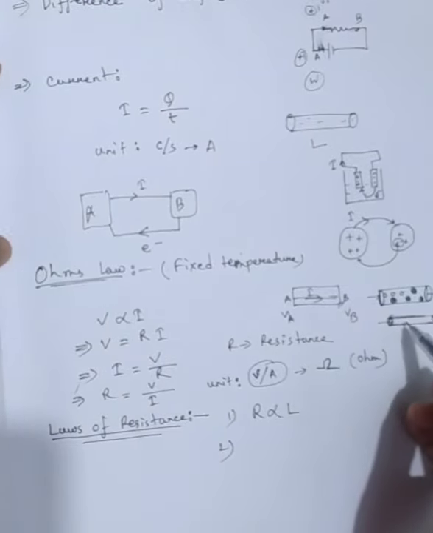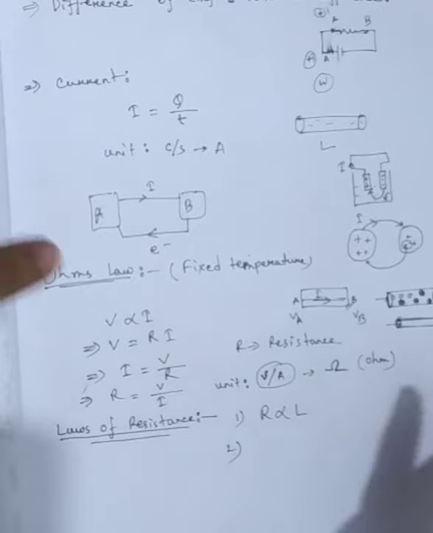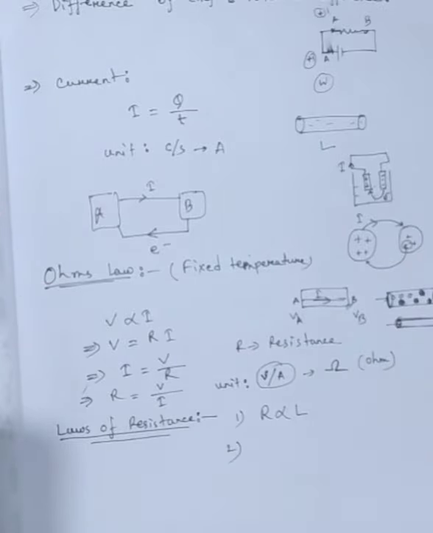So on that case, charges feel more obstacles in crossing through that conductor. That means movement of charges is called movement the electricity.